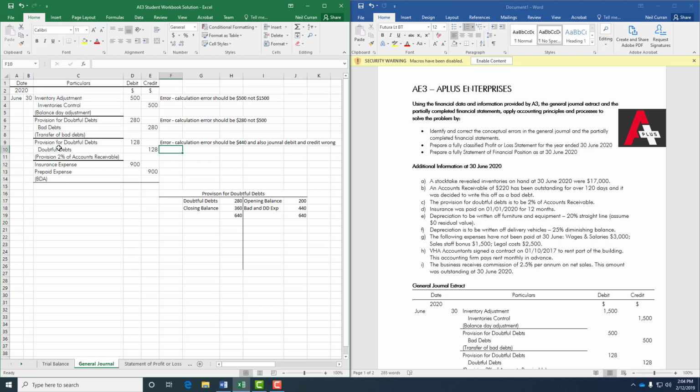So we are going to cut these out. We're going to put equals $440, and over here we're going to put doubtful debts expense, and then over here we're going to put provision.